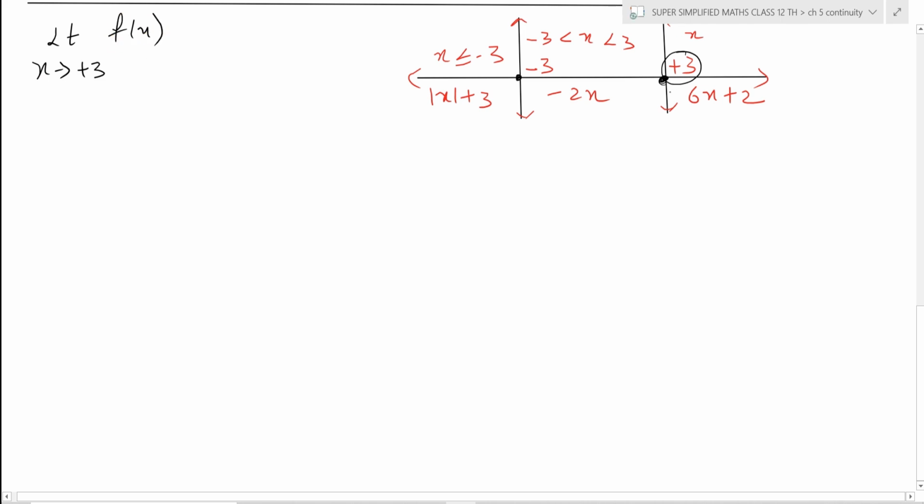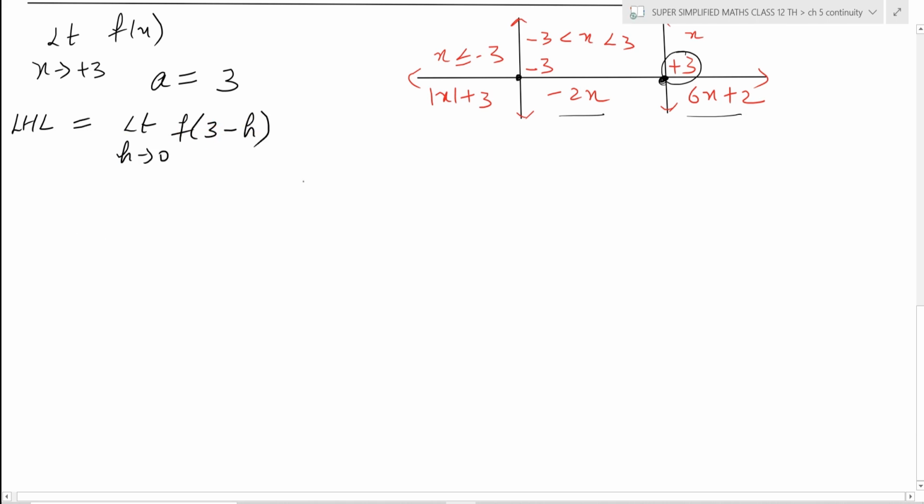But since the definition of the function is different in left of 3 and in right of 3, I have to find the left hand limit, and in this case a is plus 3. So the formula for calculating the left hand limit is limit h tends to 0 of f(a minus h). A is 3, so this is 3 minus h.